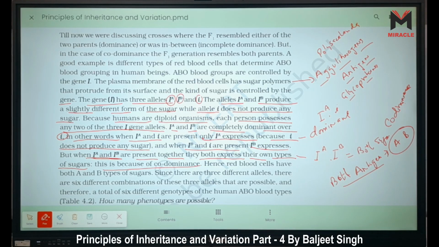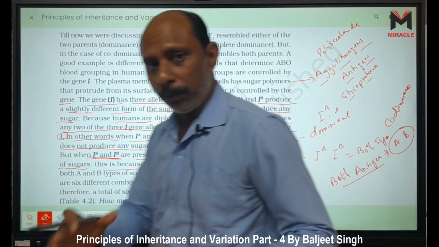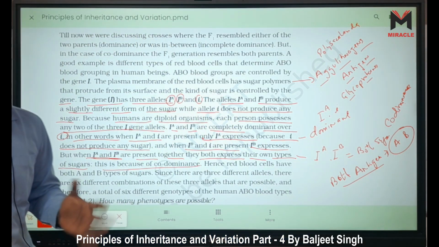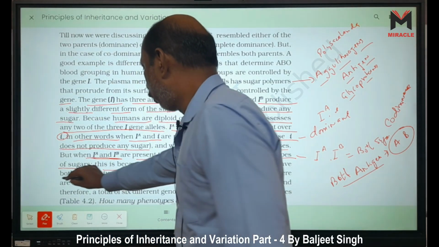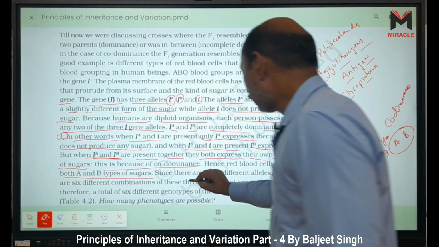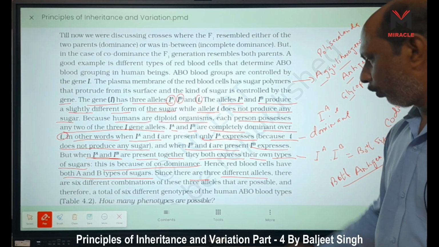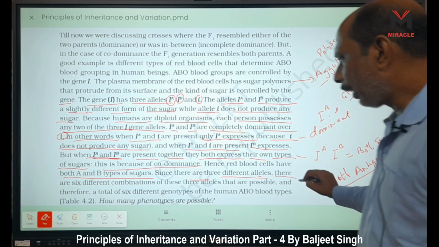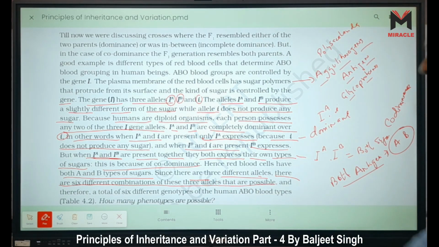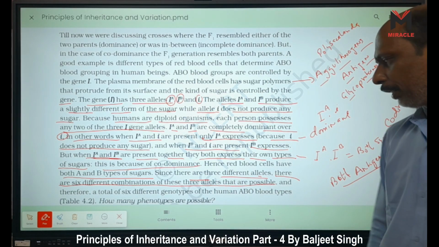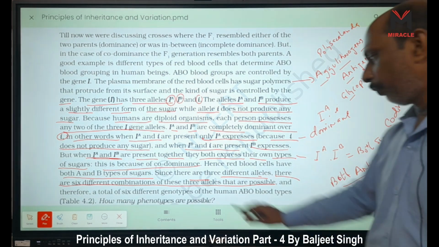I think you understand what codominance means, right? When both express separately. Hence, red blood cells have both A and B types of sugars. Since there are 3 different alleles, there are 6 different combinations of these 3 alleles possible, because we have 3 alleles.